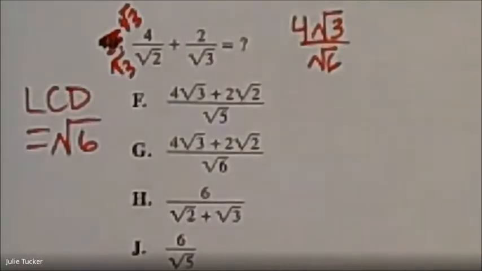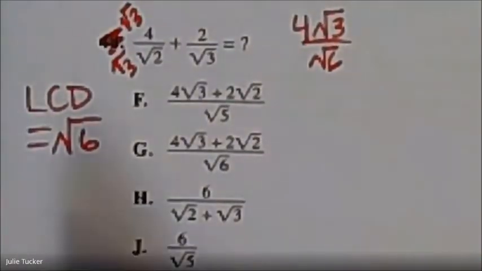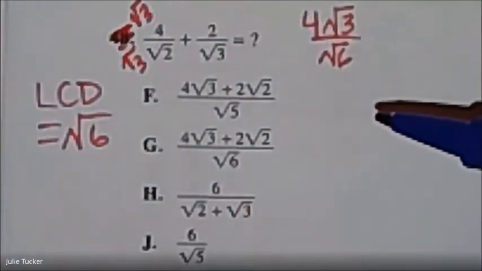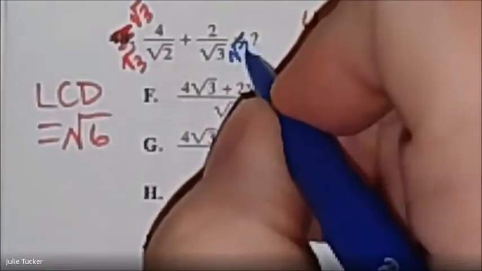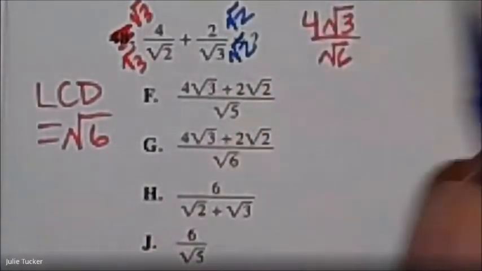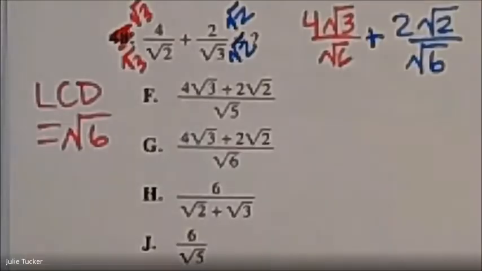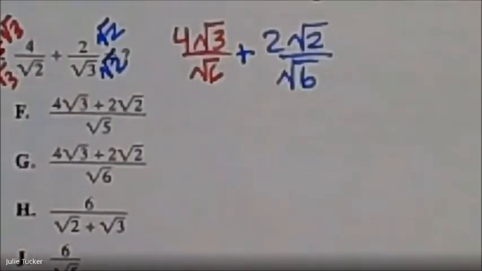Then for the other number, square root of 3 times what is square root of 6? Good. So we're going to go square root of 2 over square root of 2. So now they have the same denominator.